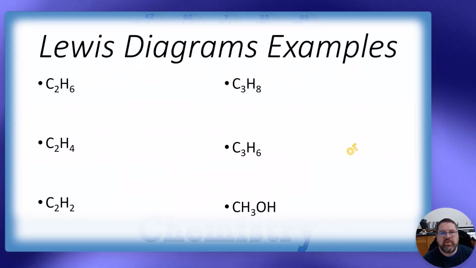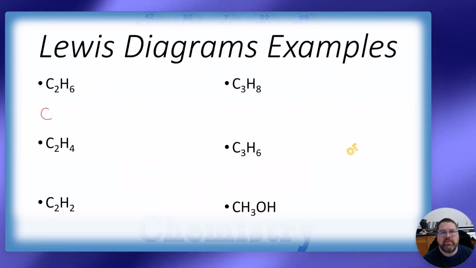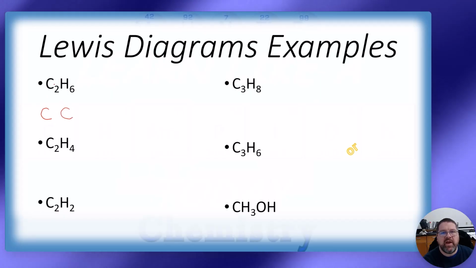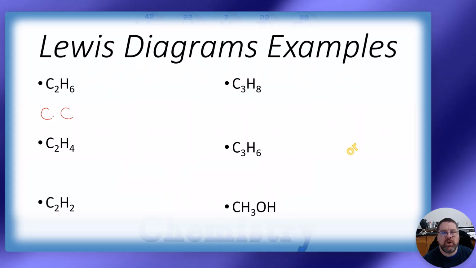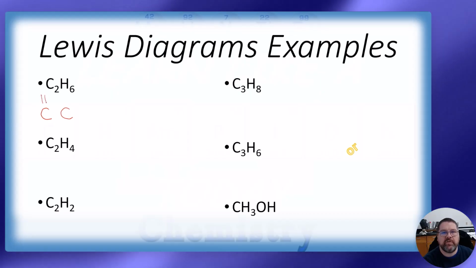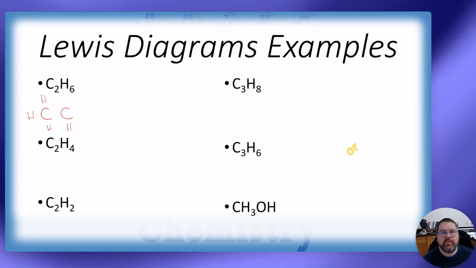So if we look at these structures that we have here, the first one we have is C2H6. So the first thing we would do is put the central atoms, okay, so our carbons form our backbone. And then we've got 6 hydrogens, and each carbon, we already have 1 on each side, so it kind of makes sense to put a hydrogen on each of the remaining sides of each of these carbon atoms.